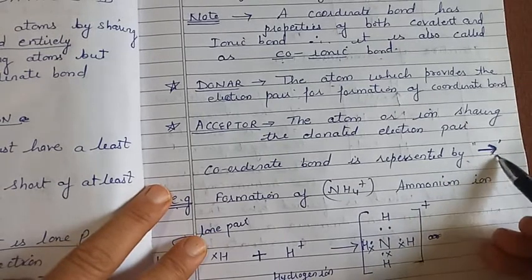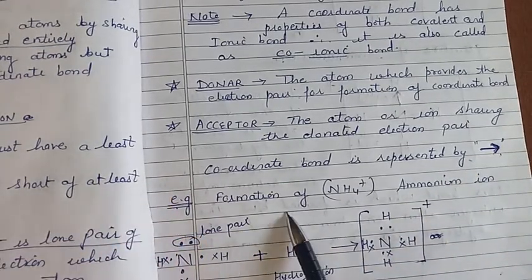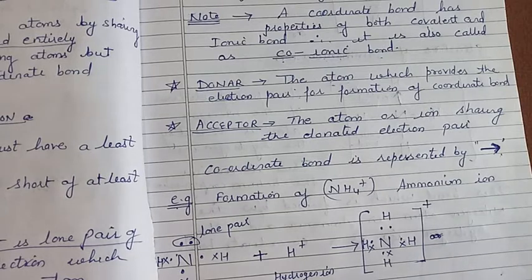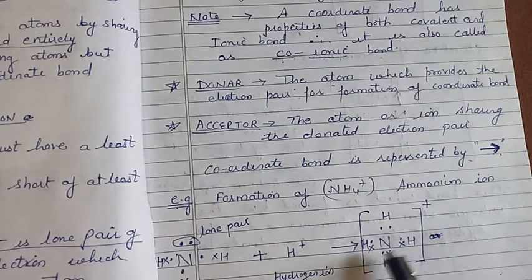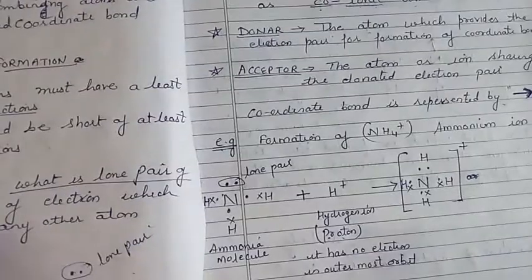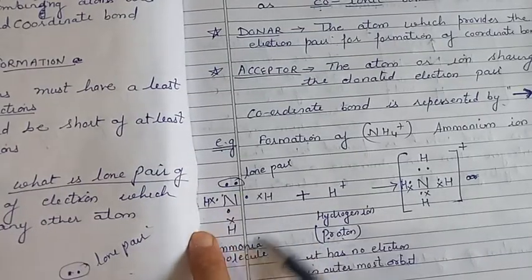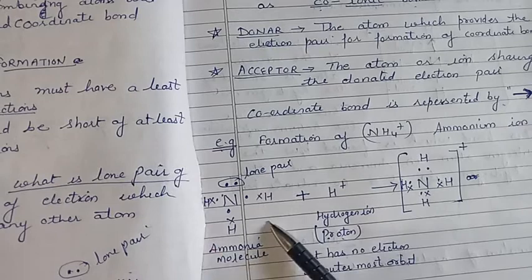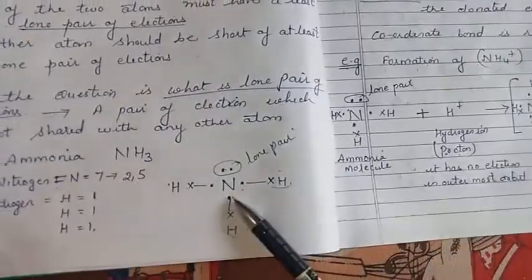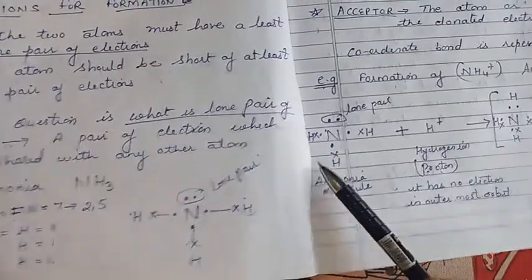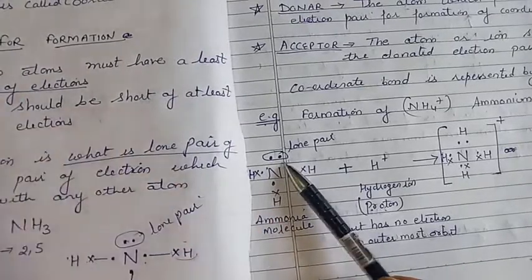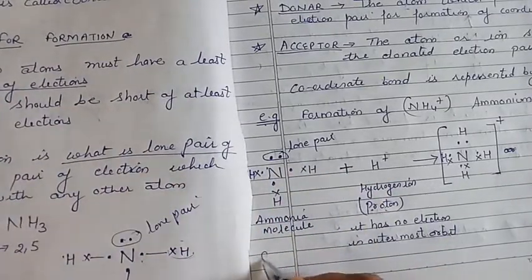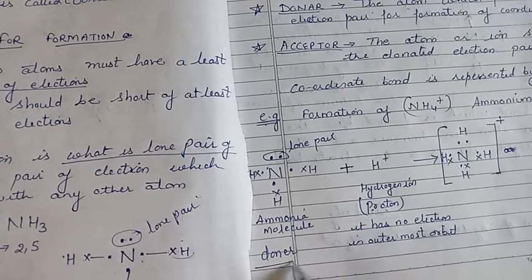Just pay attention. I am going to show you an example, that is the formation of a coordinate bond in the ammonium ion. So look at it. First see, this is the structure of ammonia on this side. The same I have drawn here. These two are the same. So see, one lone pair is there. So this ammonia is the donor.